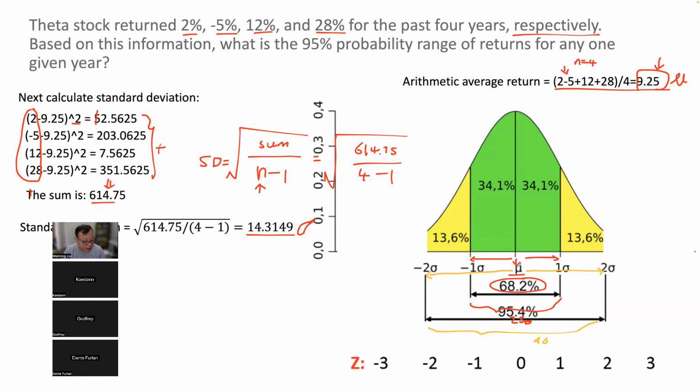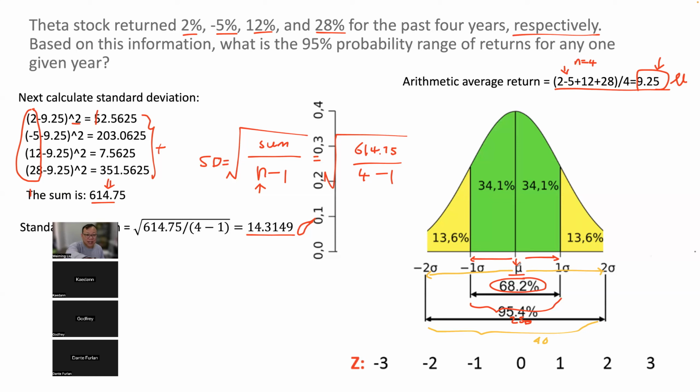It's also centered at the mean. So I'm going to capture more returns, right? Then for any year, the probability of the return falling into this wider range is increased. It's increased from 68.2% to 95.4%.